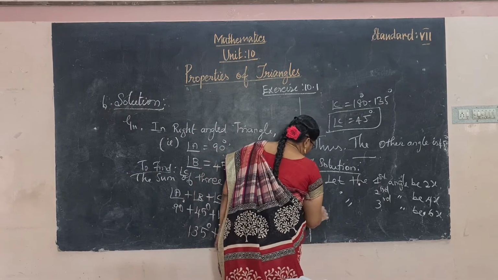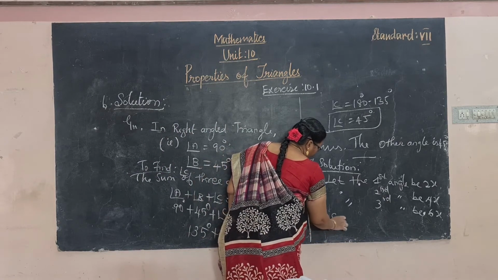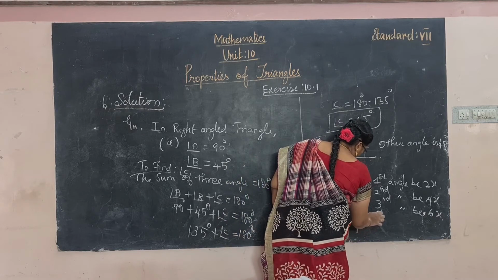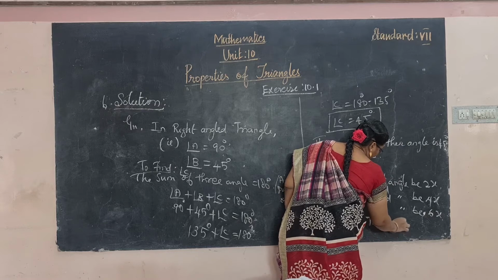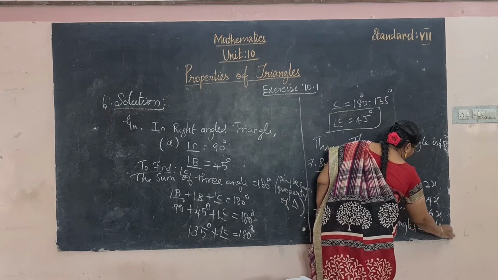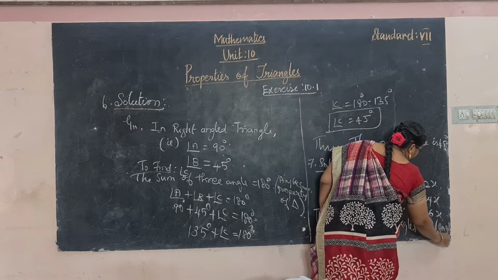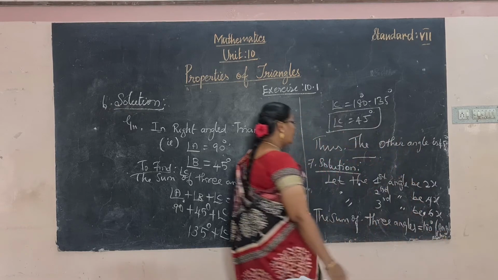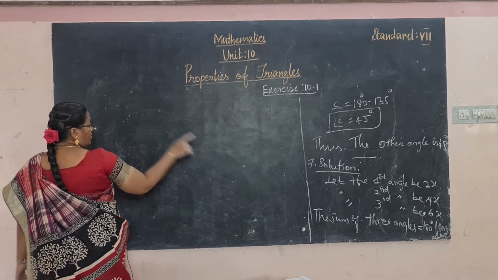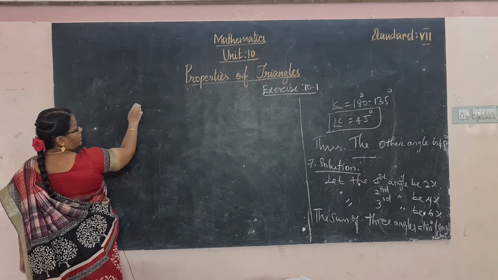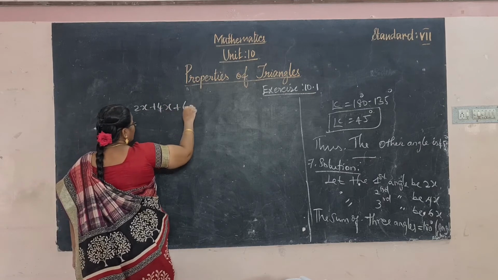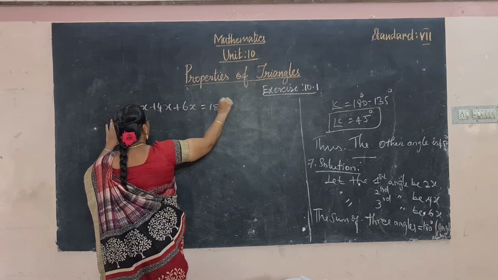By the angle sum property, the sum of three angles is equal to 180 degrees. The angle sum property of a triangle is 180 degrees. So the sum of three angles is 2x plus 4x plus 6x equal to 180 degrees.